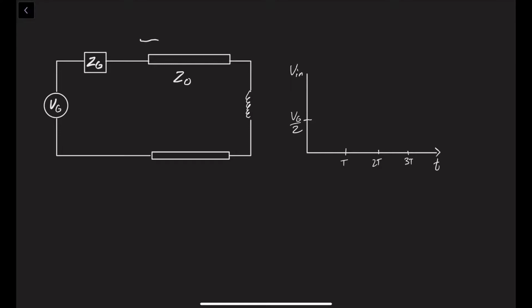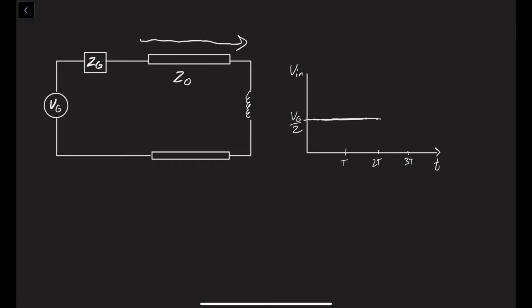This voltage will then come out of the TDR and propagate down the transmission line, and eventually it'll see the inductor. Once it sees the inductor, it will initially act as an open circuit because an inductor opposes a change in current.